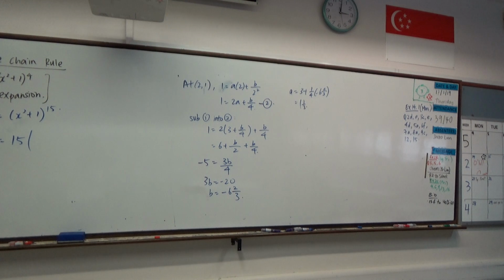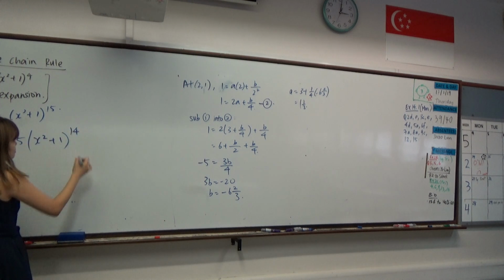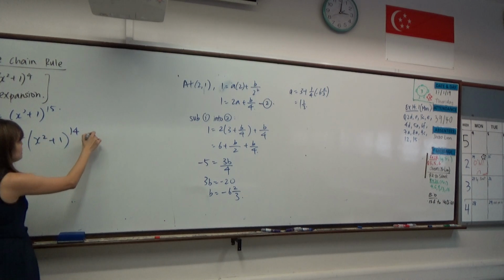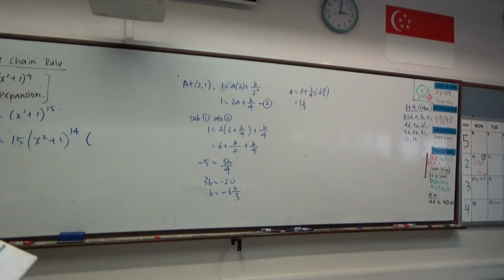Always take down the power, then keep whatever we have, power minus 1 will become 14. Then make sure you differentiate whatever is inside. So technically it is going from outside to inside, with your power rule. You understand what I'm saying?